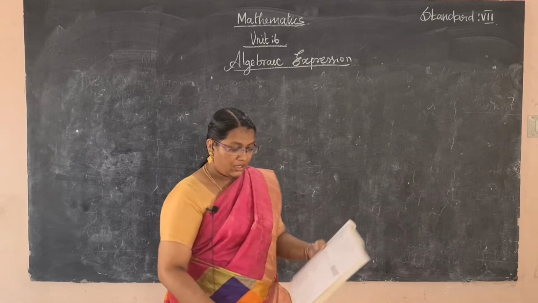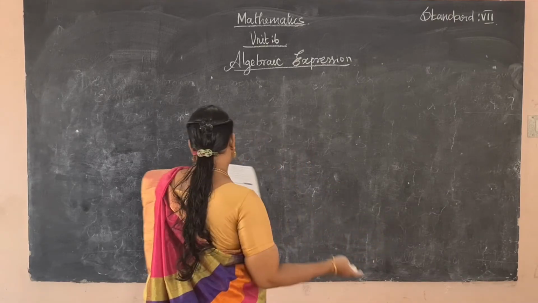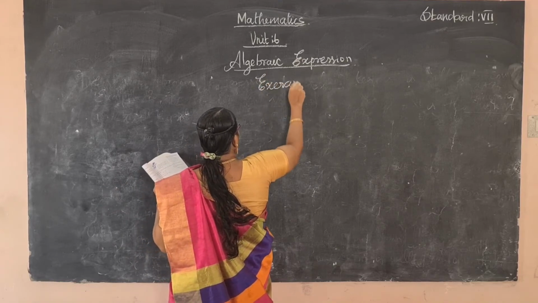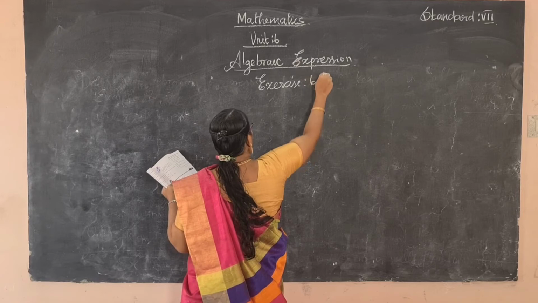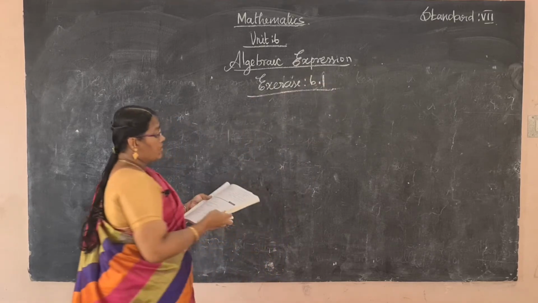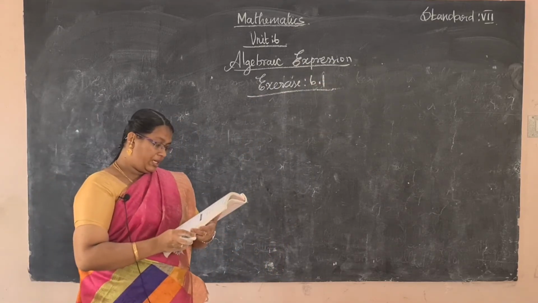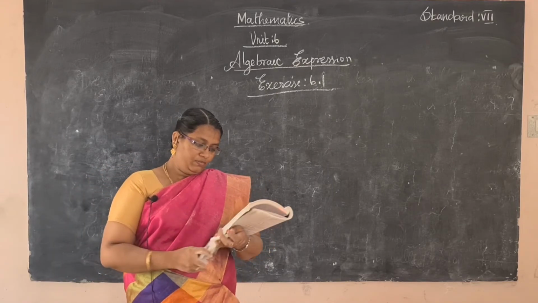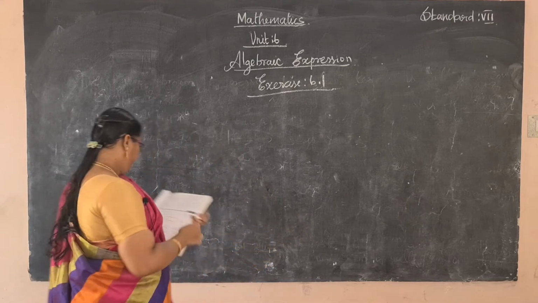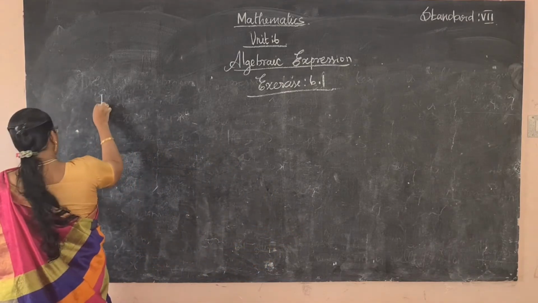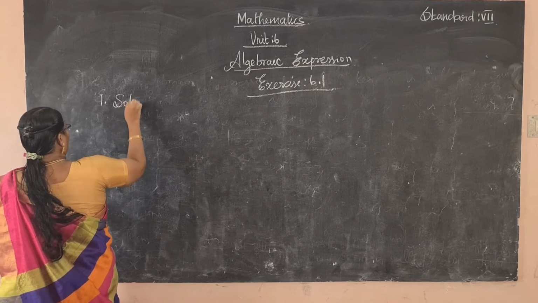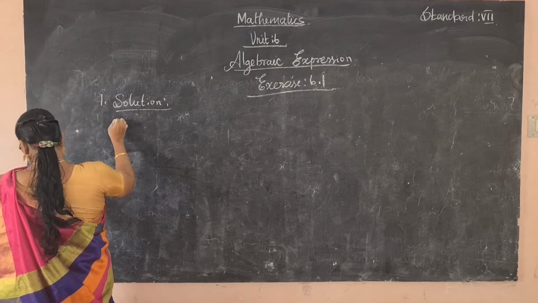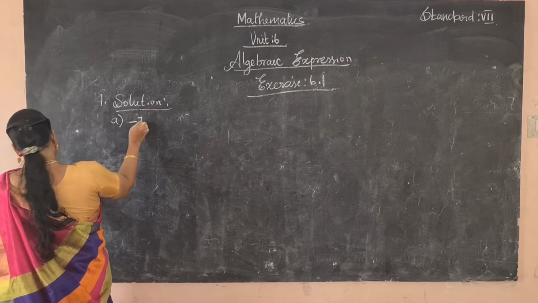Exercise 6.1, write the numerical coefficient of each term. First one, numerical coefficient. As already told, numerical coefficient means the numerical value. A, minus 7y.